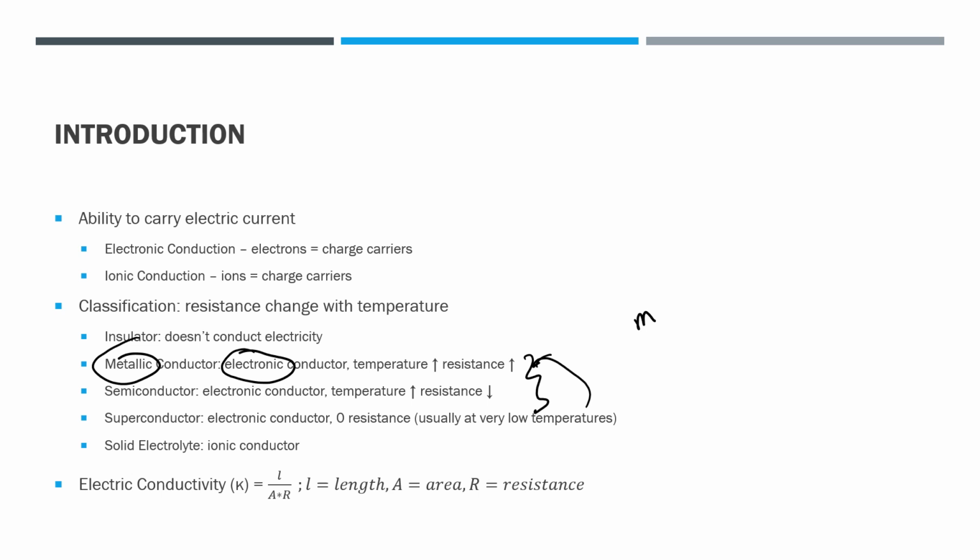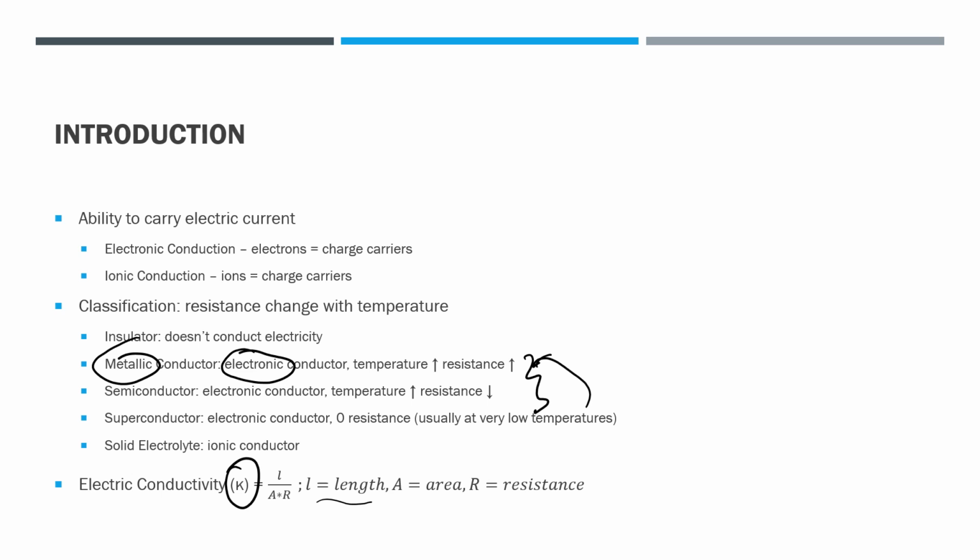An interesting thing is the way we quantify conductivity. I told you very qualitatively what these conductivities are, but how we actually quantify that is using the electric conductivity kappa, defined as the length of a piece of metal divided by the area times the resistance.